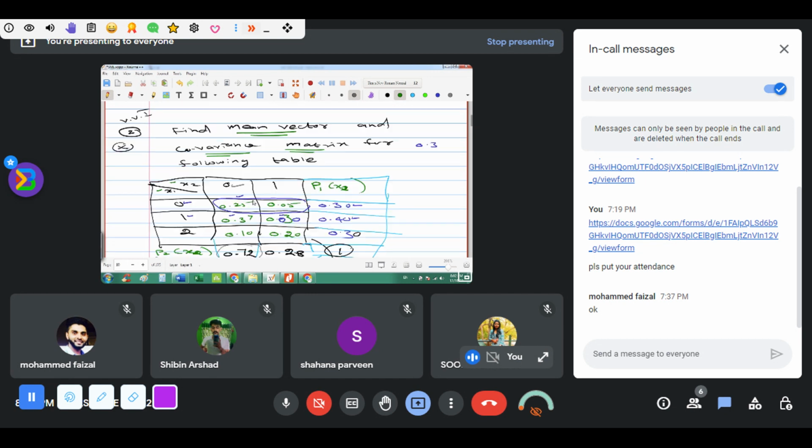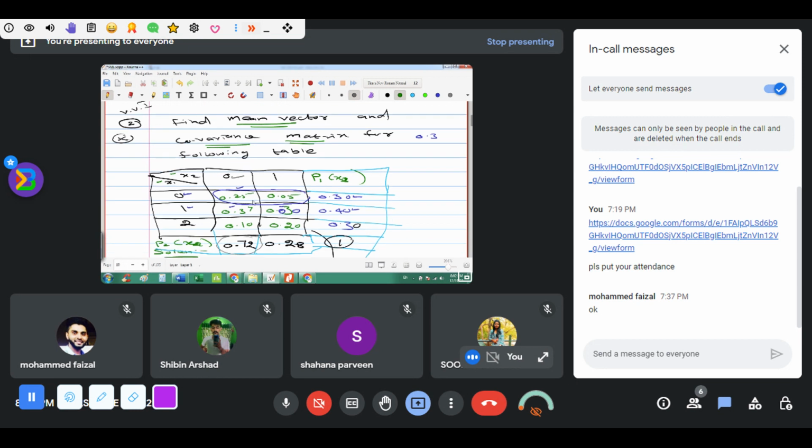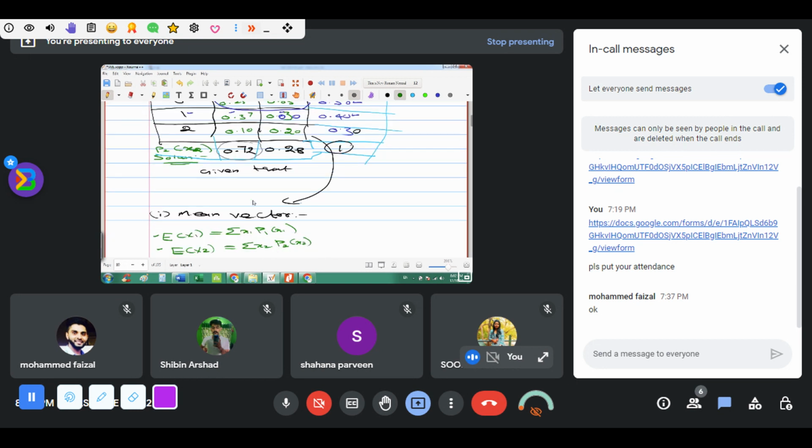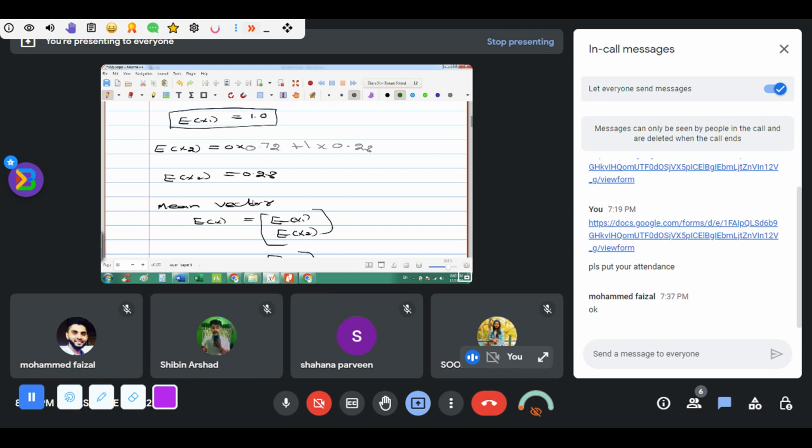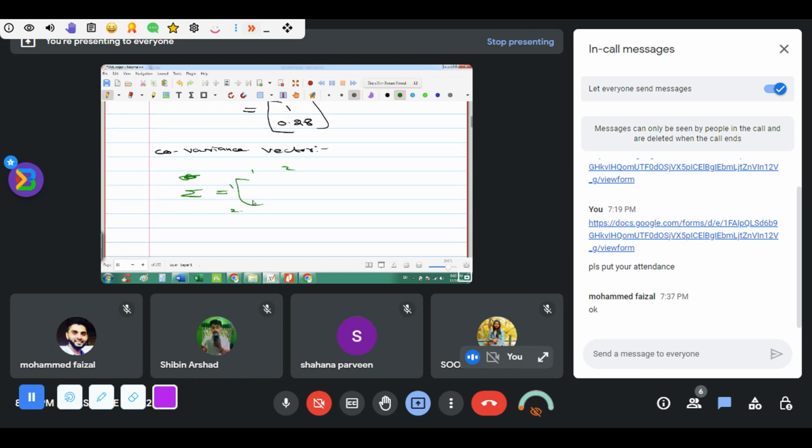Same idea here, only 2 variables, x1 and x2. Now write the formula: sigma 1 1, sigma 1 2, sigma 2 1, sigma 2 2.